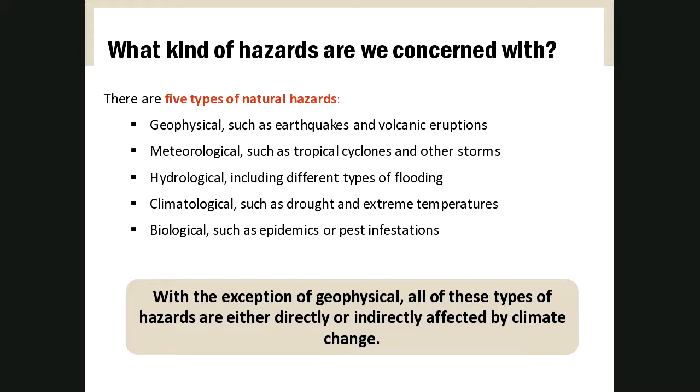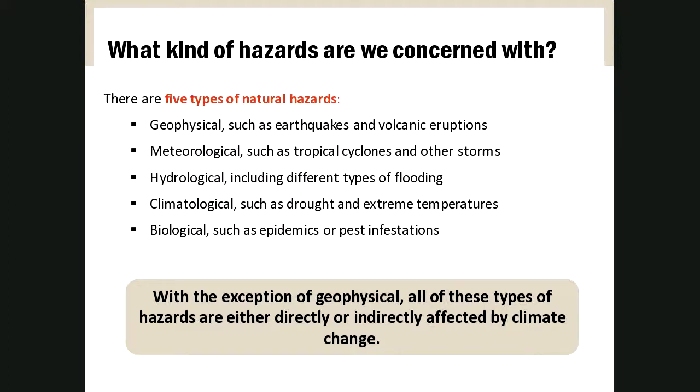When we look at natural hazards, we talk about things like earthquakes, cyclones, flooding, droughts, epidemics, and so on. When flooding is controlled, it may not be a disaster, but it is a hazard.